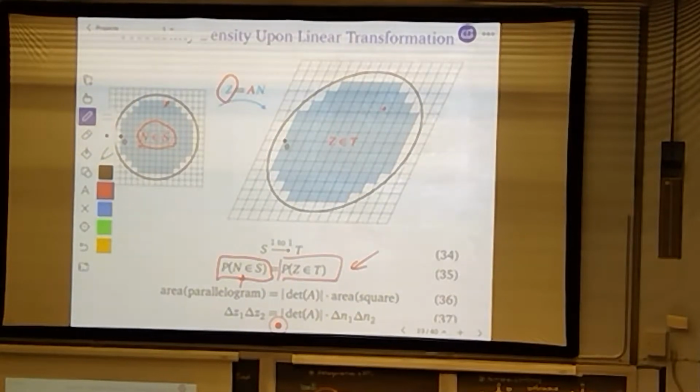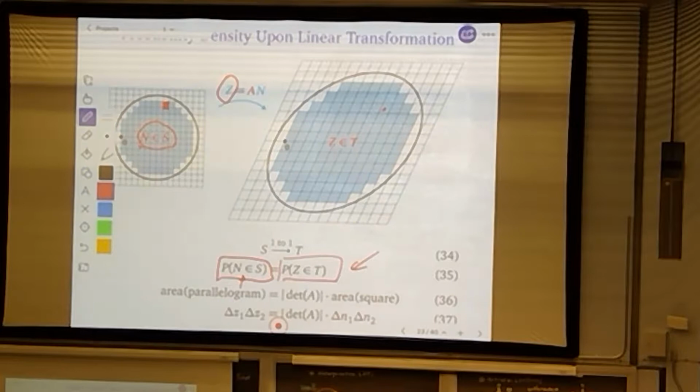And then the linear transformation. Now this square grid cell in the linearly transformed area becomes this parallelogram, and the area of this parallelogram is the area of the square multiplied by the determinant of A, taking the absolute value.